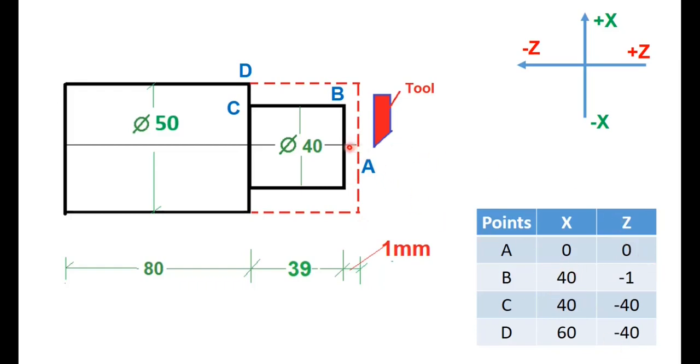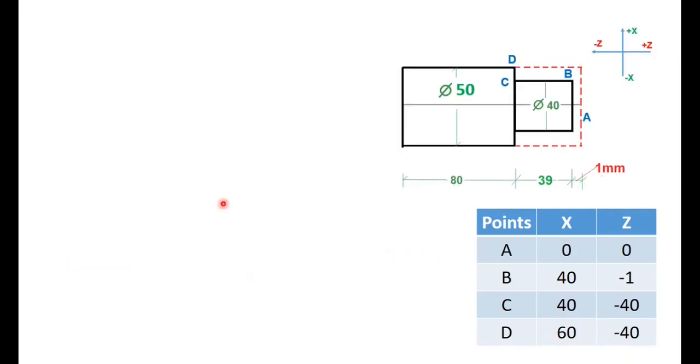From here it is going 1 mm inside, so that is in the -1 direction. What about C? This is 39 plus 1, 40, that is -40 in Z direction, diametrically it is 40. What about D? Z -40 and dia 50. Okay, now let's start the program.